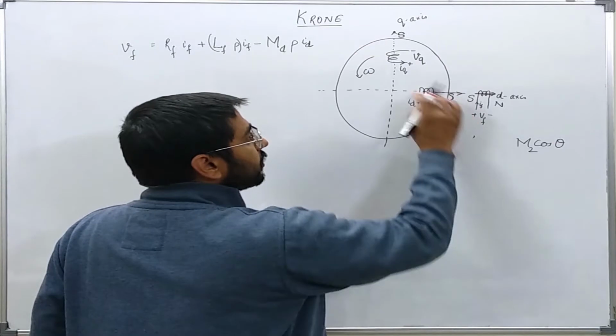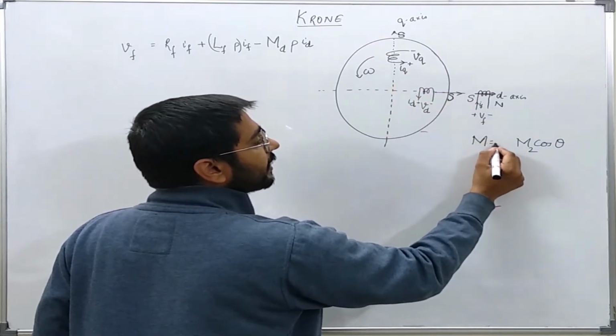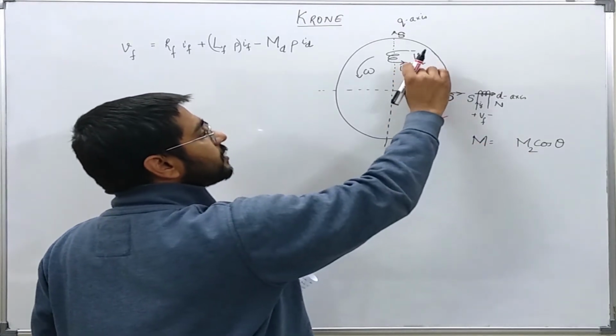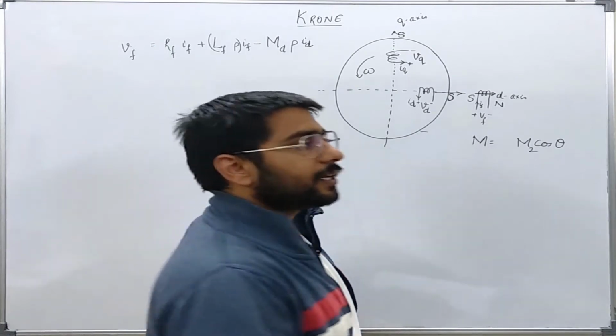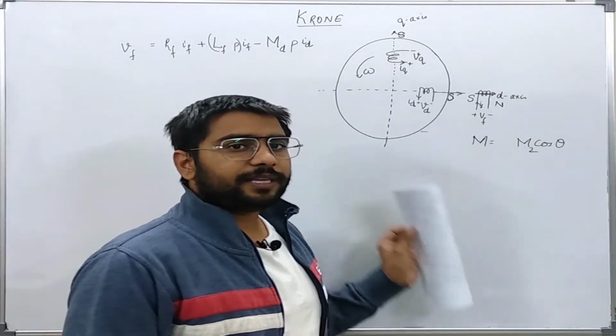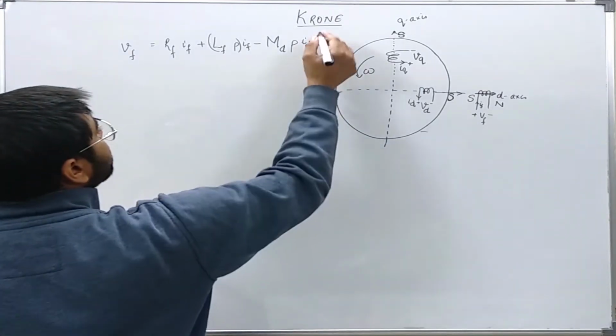So this theta is 90 degrees here, so the mutual inductance is 0 between the Q axis and the D axis coils for the transformer voltage. Any voltage which can be there will only be the motional EMF. So this is the first equation.